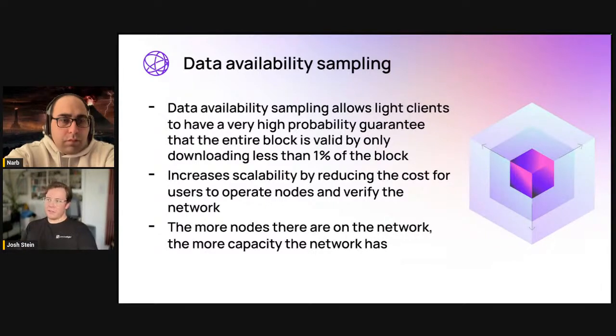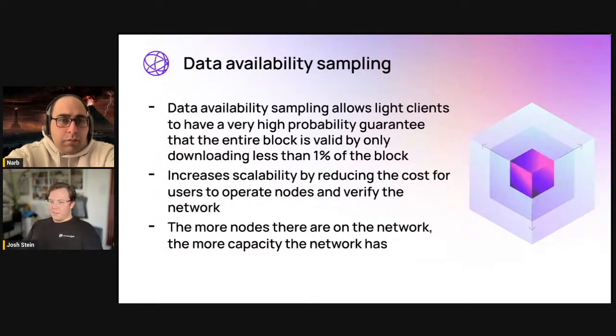So data availability sampling allows these light clients to have a really high probability guarantee that the entire block is valid by just downloading around 1% of the block. And as I mentioned, this is made possible with something called erasure coding. If you've ever used a CD player or a DVD player and your disk is scratched, there's a good chance that it will still play to a certain degree. And that's using the same type of math.